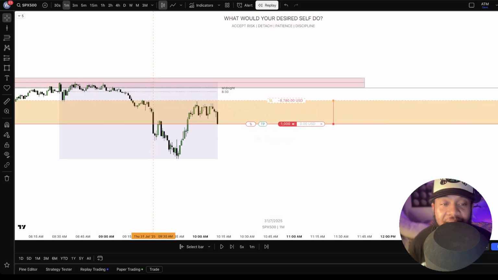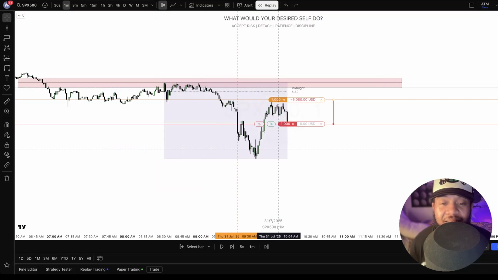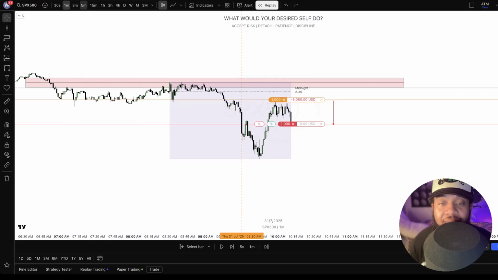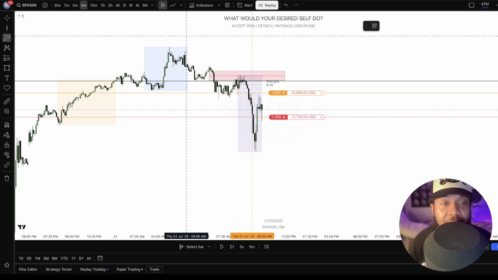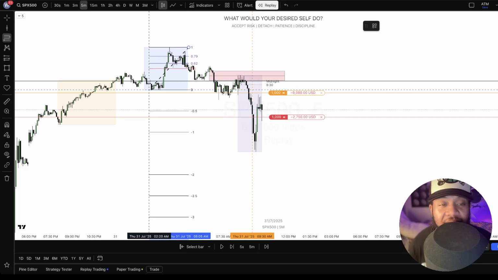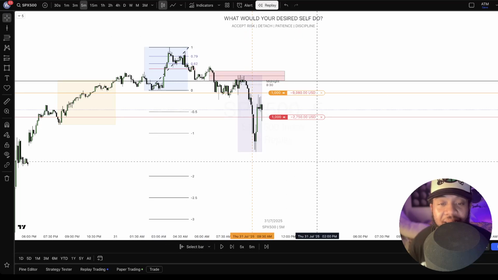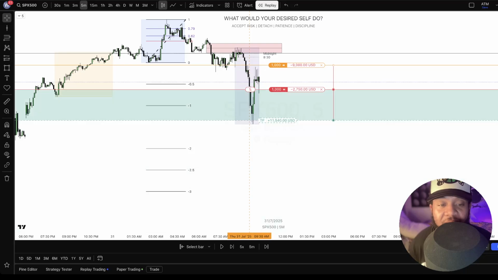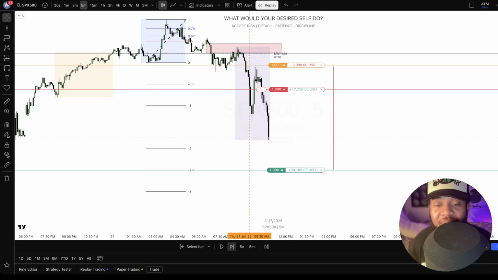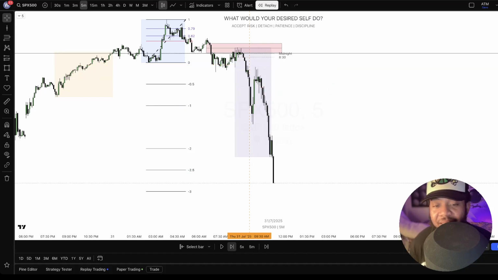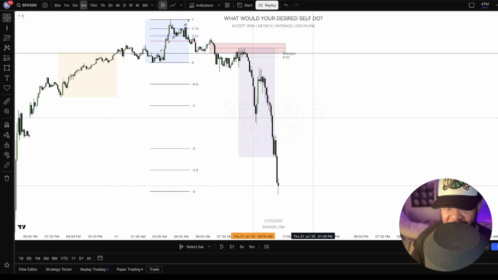Stop loss at this high, and then same standard deviation as the manipulation leg. And I would have targeted 2.5 to be conservative for real. And we have liftoff. TP hit. Up 30 bands. That's how you should have did it.